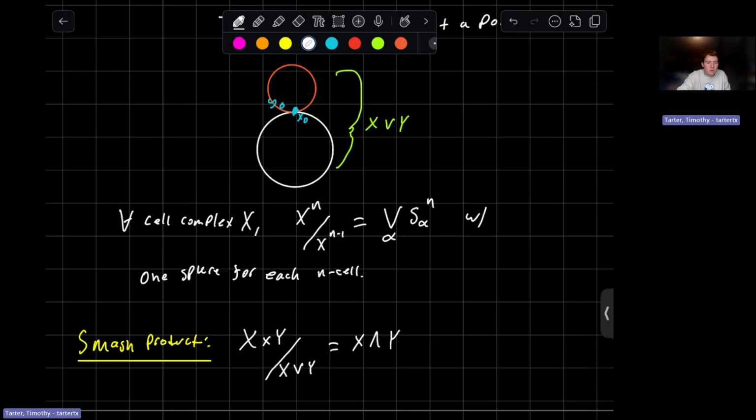So it collapses all of the trivial product parts to a point.